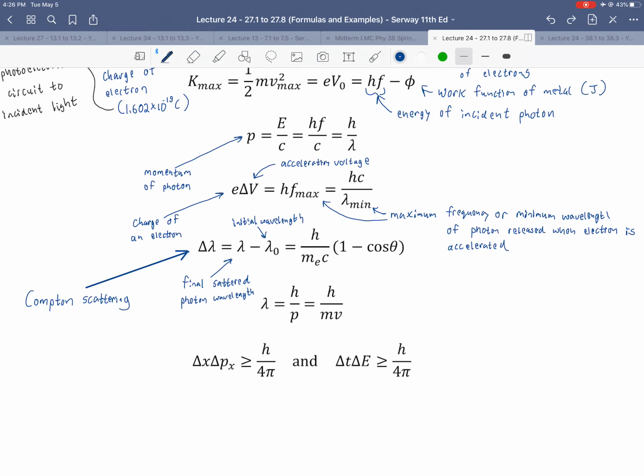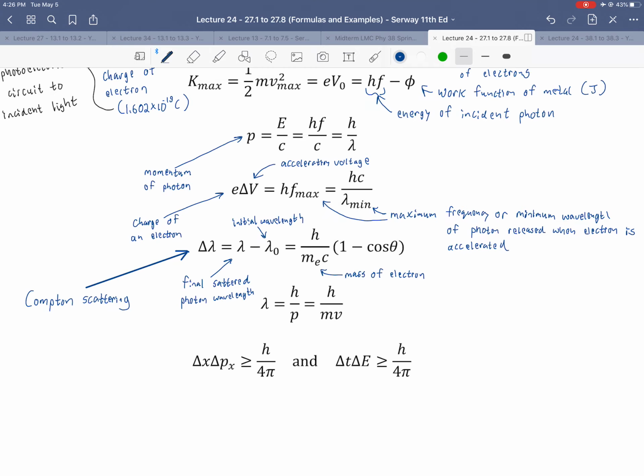Okay, h is obviously Planck's constant. M is the mass of the electron, because here we're crashing photons into electrons. Right? C is the speed of light. And then phi is the scattering angle of the electron.